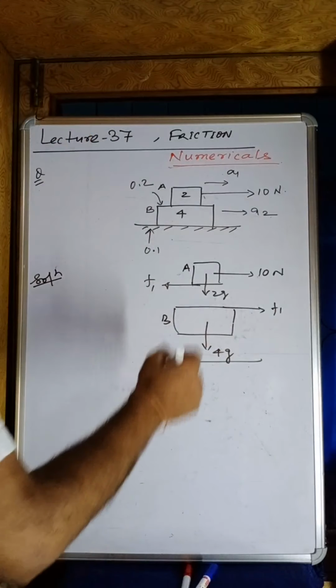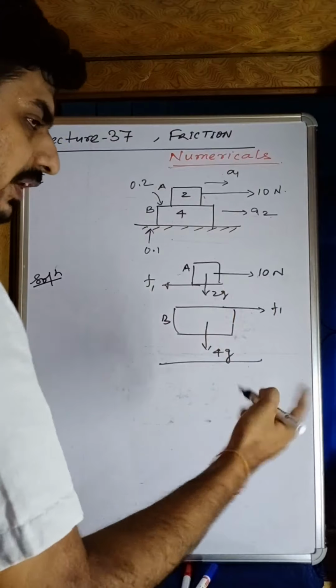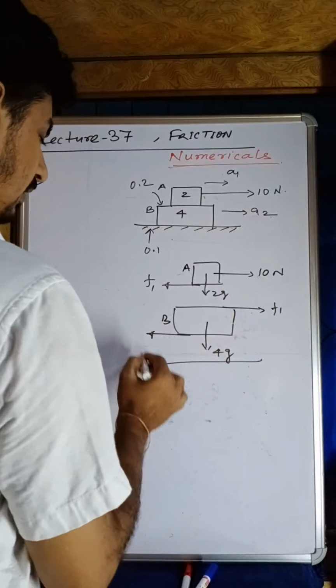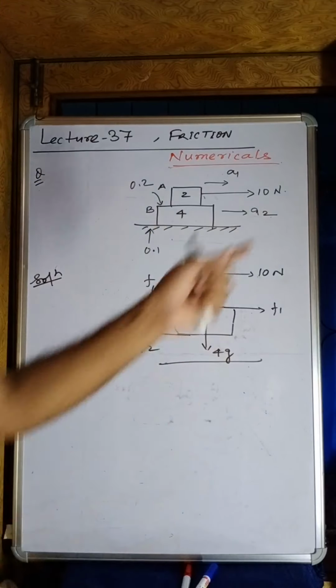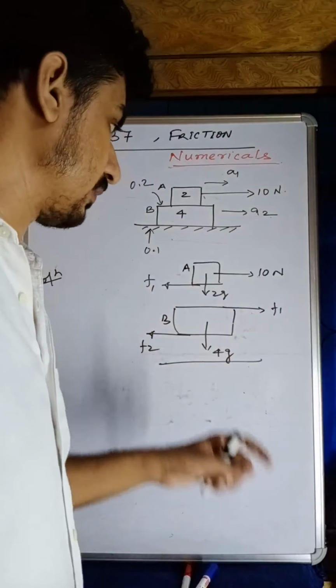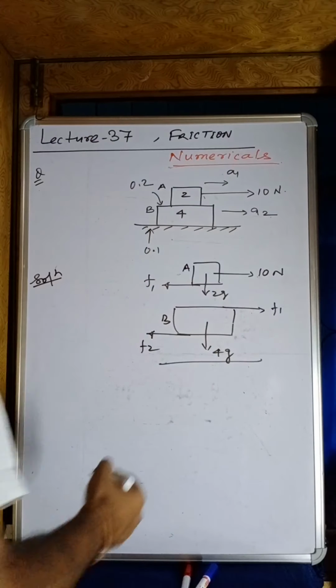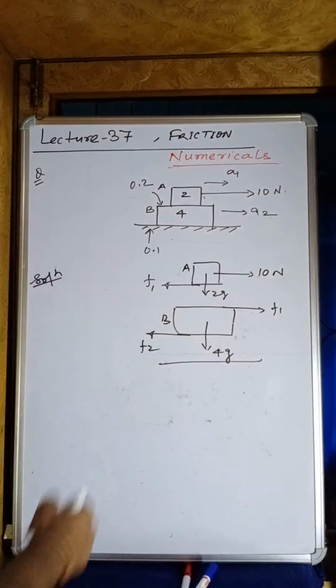This F1, that is the friction force, will act as the driving force for block B. Now, if this block is moving or tries to move, then there will be a friction force, and suppose it is F2. Now we will first check the condition, and after that we will be able to find the acceleration as well. So the condition to move body A over B is that 10 Newton should be greater than F1.